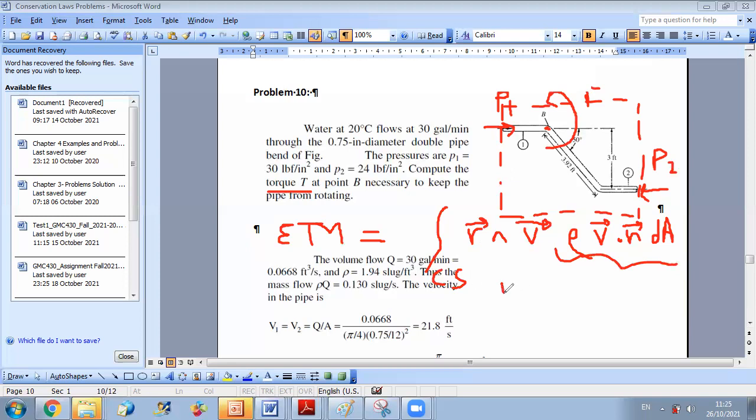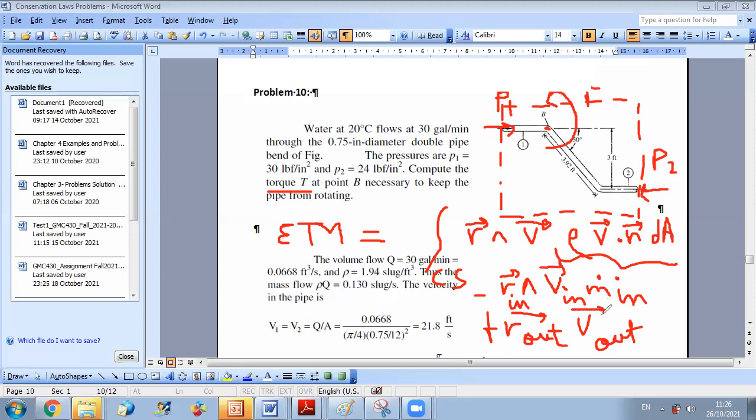So you have for inlets minus R vectorial V inlet times m dot inlet, and for outlets it's plus R outlet vectorial V out times m dot out.